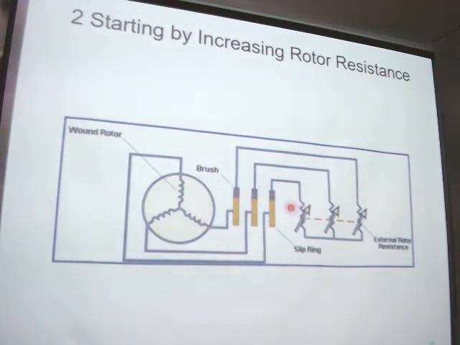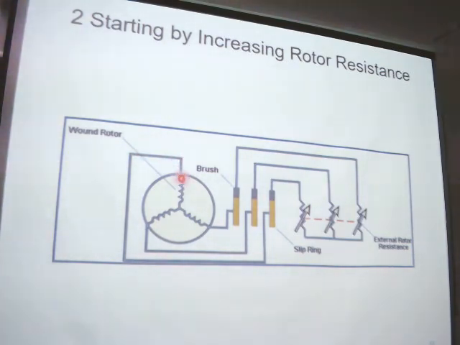Generally, it usually is the wound rotor. So we call this increasing rotor resistance. By this we can adjust the resistance.